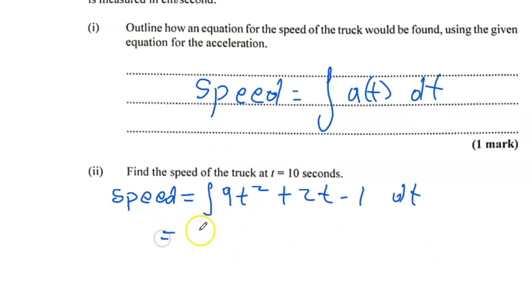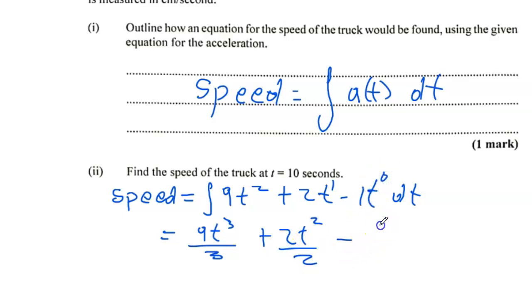So we get 9t cubed divided by 3. Integrate that, we get 2t, this is t to the 1, so add 1 to the power, you get 2 divided by 2. Look at 1 as t to the power 0, so add 1, you get t to the power 1 over 1, plus a constant, alright?